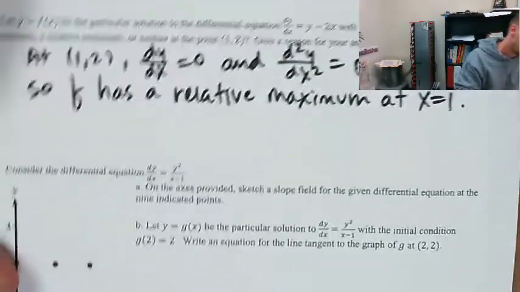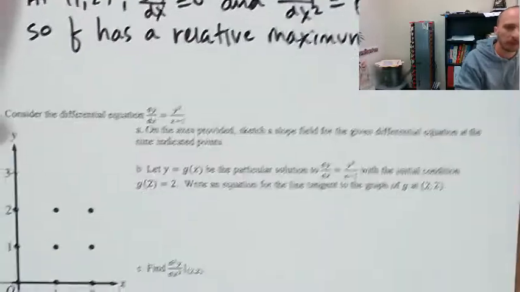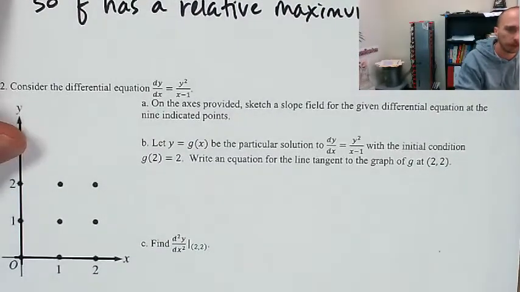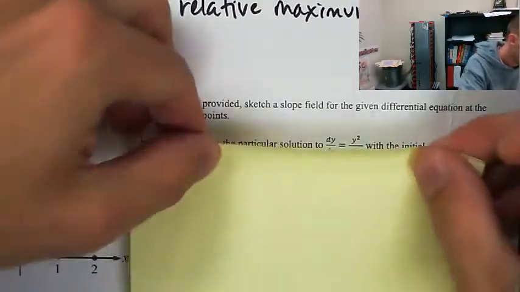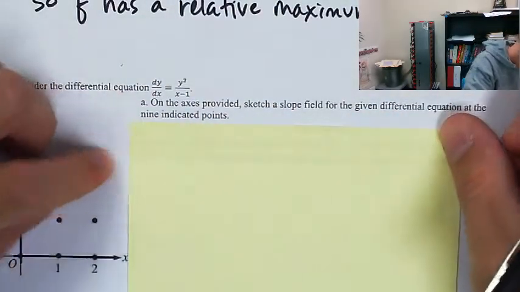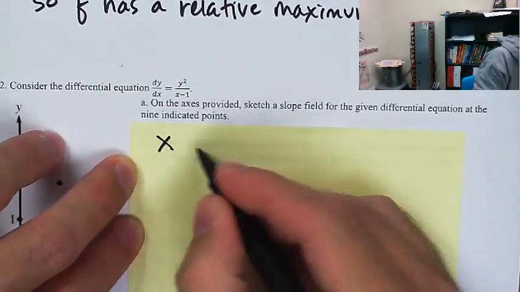All right, this one we're going to do the exact same thing. We're going to sketch a slope field for the given differential equation at the 9 indicated points. I'm going to do the same thing.